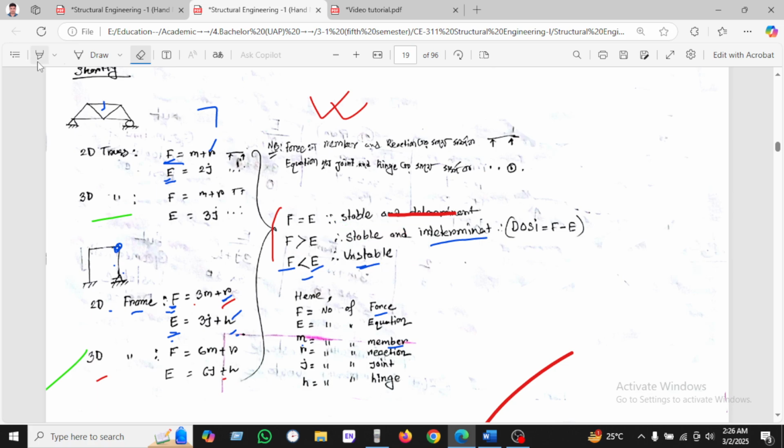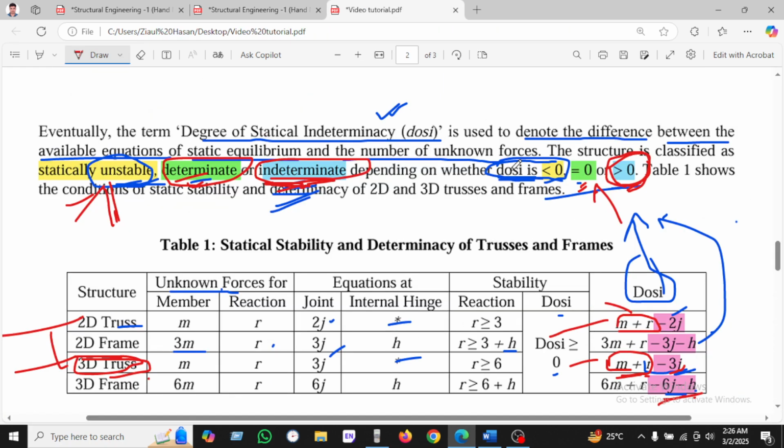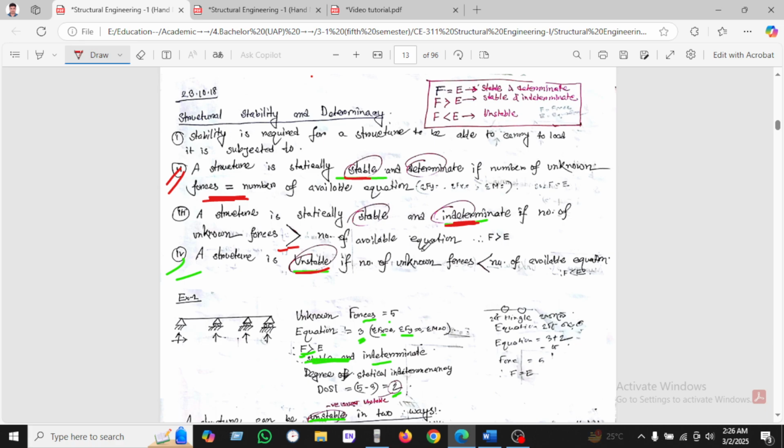If we don't memorize them, then we will not be able to find out anything. So firstly we have to memorize this equation for 2D truss, and this formula for 3D truss, this formula for 2D frame, and this formula for 3D frame. And these are the conditions we know, or we can use this condition also, whichever you need, or whichever you like.